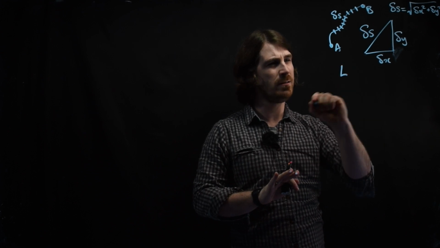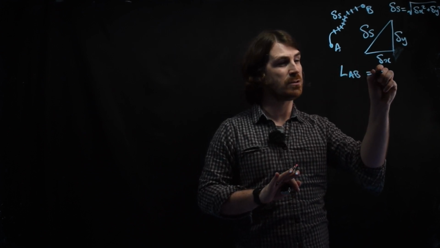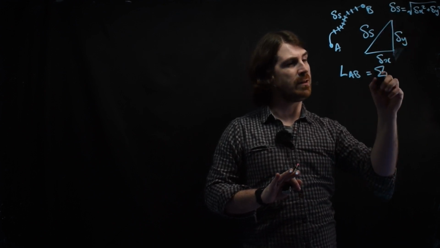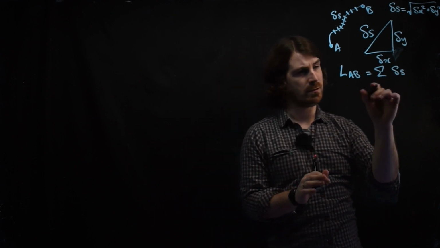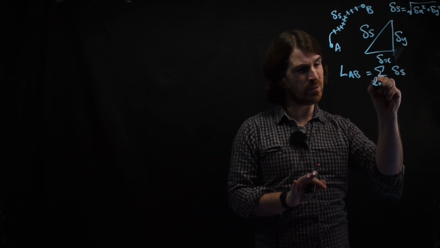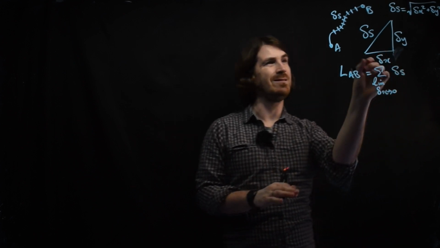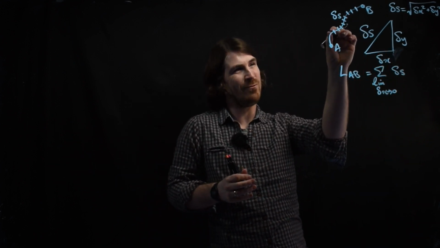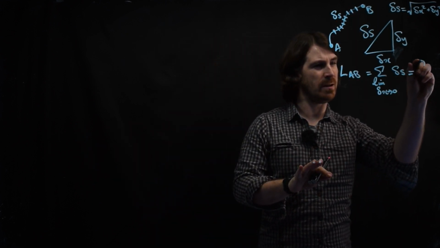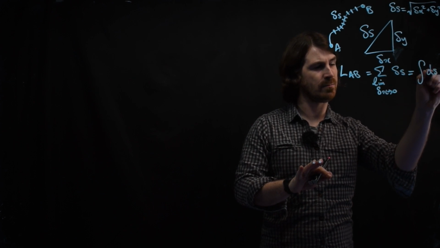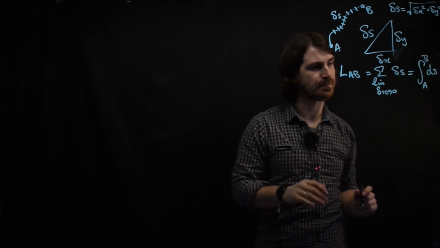Let's call it L. The total length of the curve between A and B is going to be a sum of all of these delta s's. When we take the sum, we take the limit that delta x goes to 0, i.e. that you have an infinite number of segments, and this just becomes an integral of ds along the curve between points A and B.